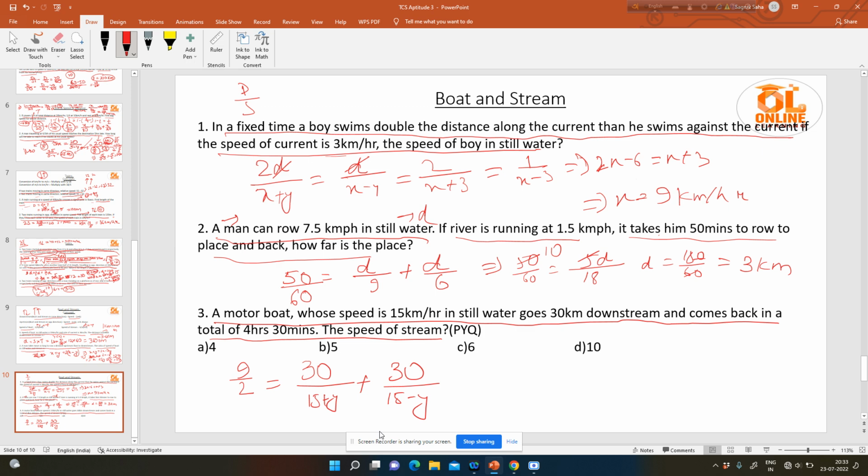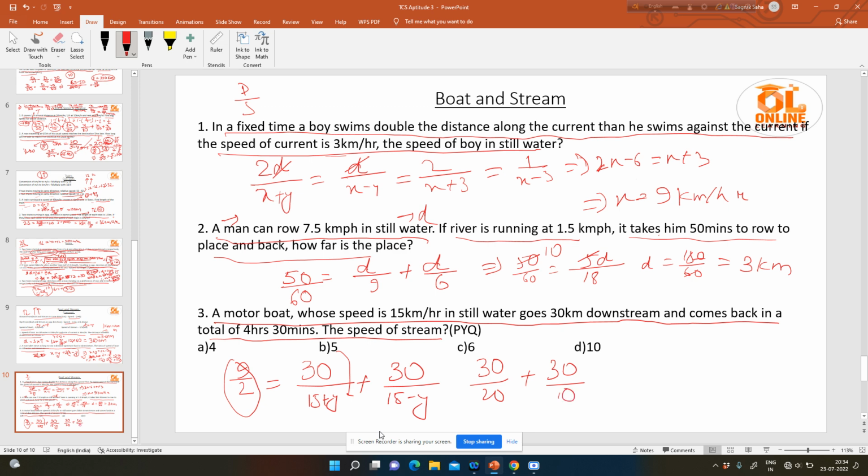Just use the options and try to put them in the equation and find the value equal to 9 by 2. It would save your time. So let us put 5 here, consider 5 as y. So what we will get, 30 by 20 plus 30 by 15 minus 5, it would be 10.